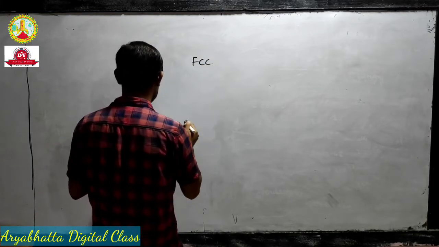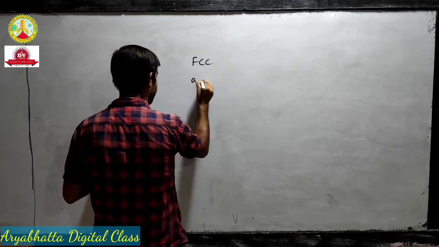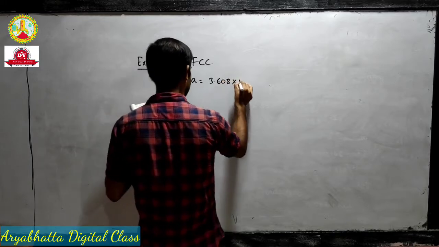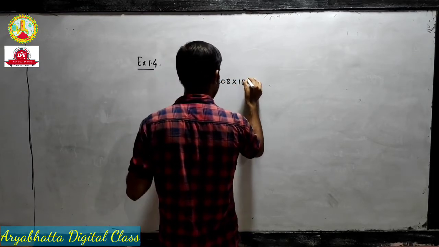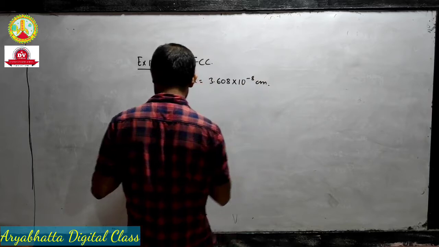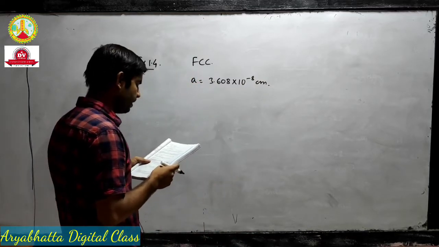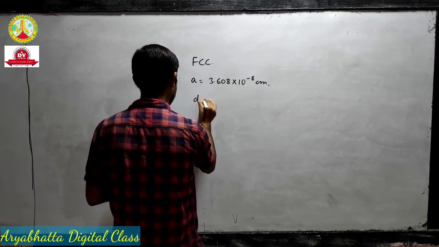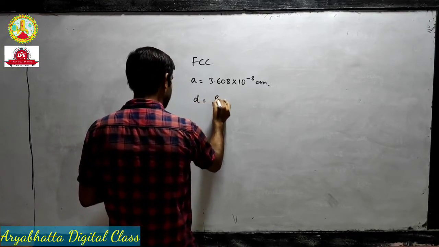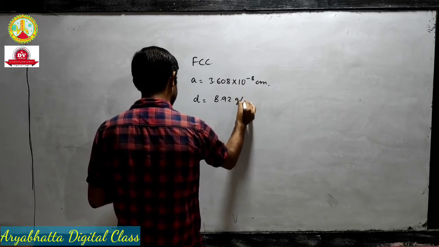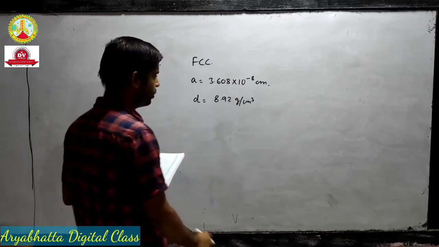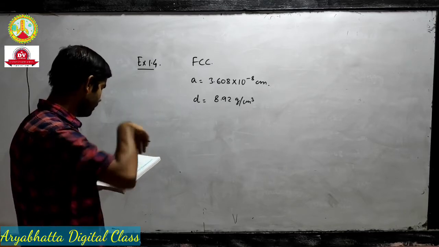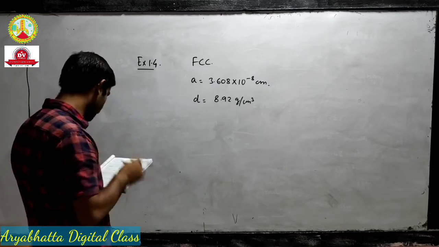Cell edge length, that means a, is 3.608 into 10 to the power minus 8 centimeter. In a separate experiment, copper is determined to have density 8.92 gram per centimeter cube. Calculate the atomic mass of copper.